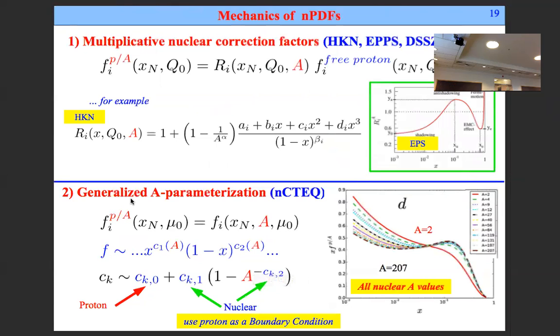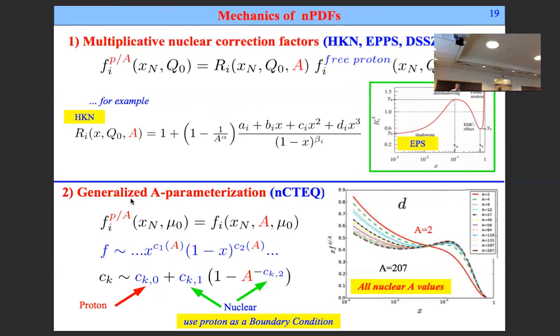So this is a deuteron, right. That's the shadowing. Right. So some sort of shadowing. Okay, but if I look at the formula, the larger the A, the larger is the factor multiplying CK1.